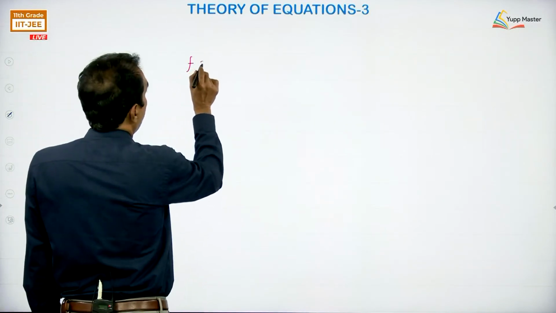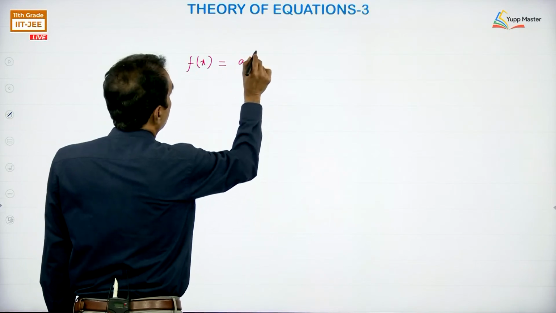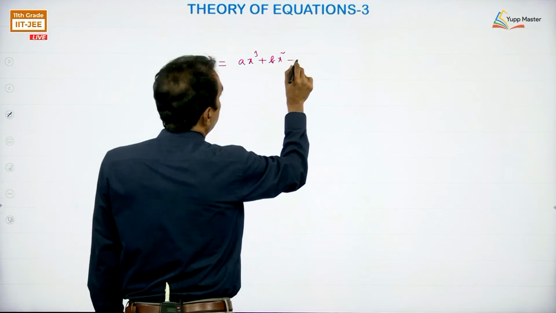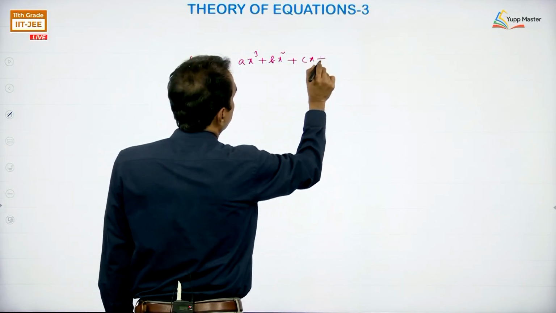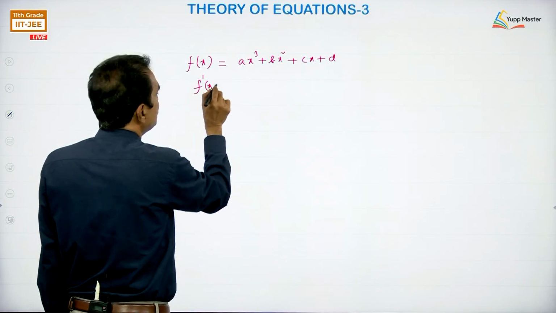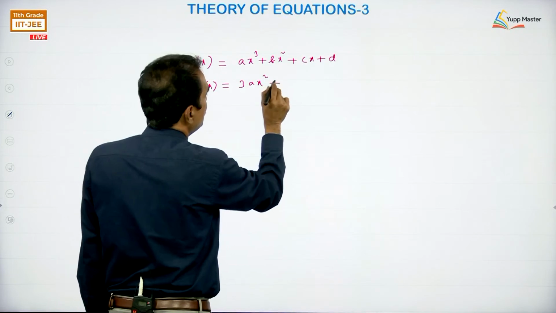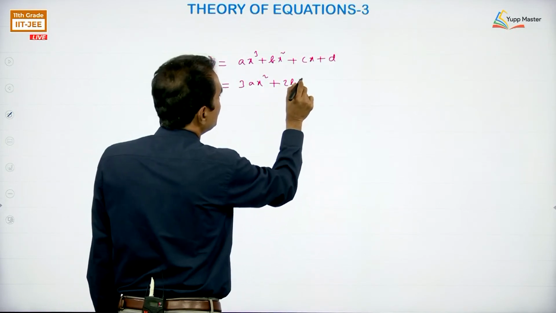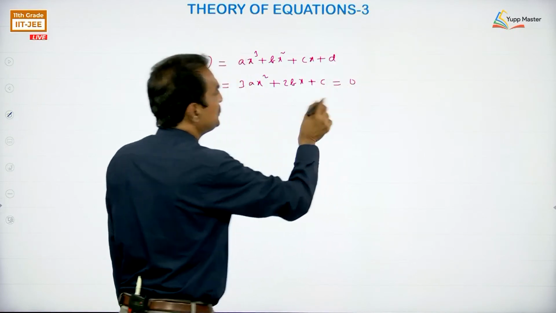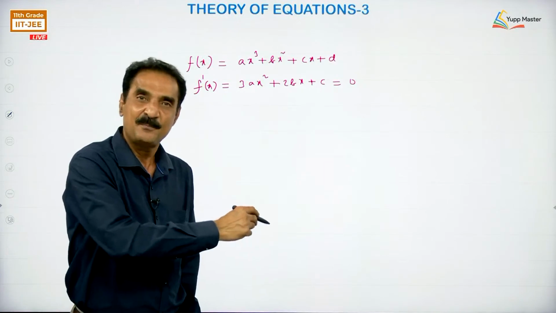What is f of x? Ax cube plus bx square plus cx plus d. F dash x is 3ax square plus 2bx plus c. If f dash x is equal to 0 has 2 distinct real roots, then the graph will have a maximum point and a minimum point.